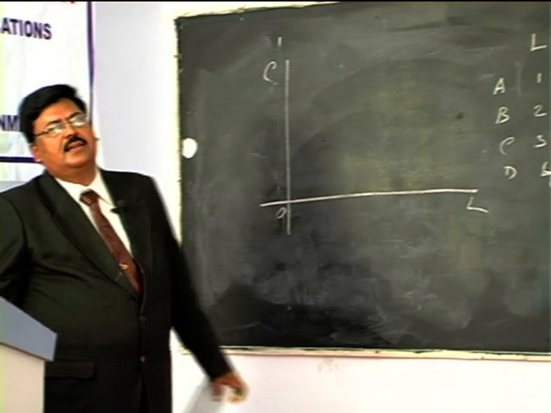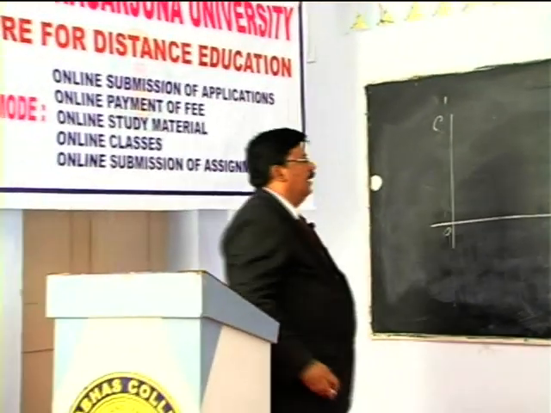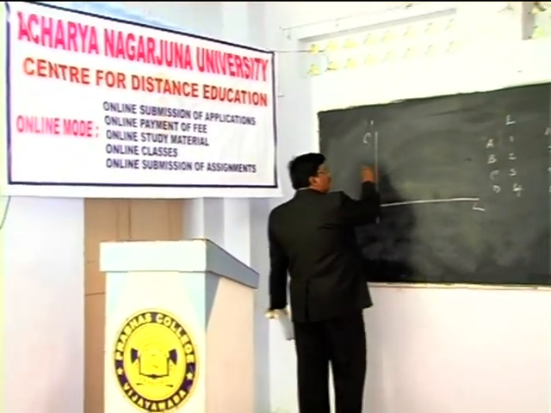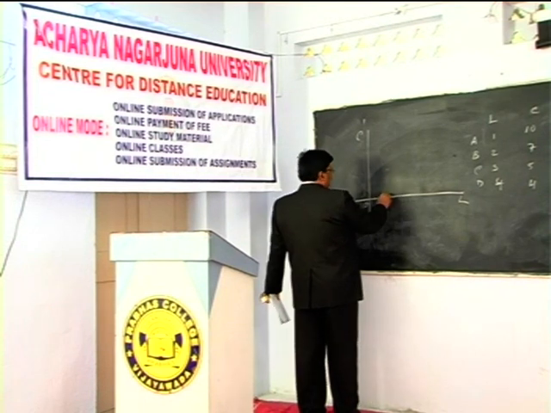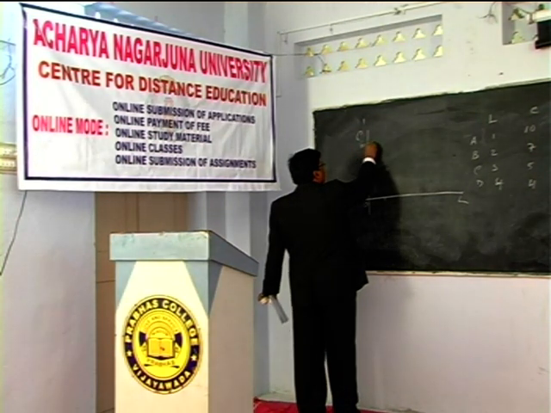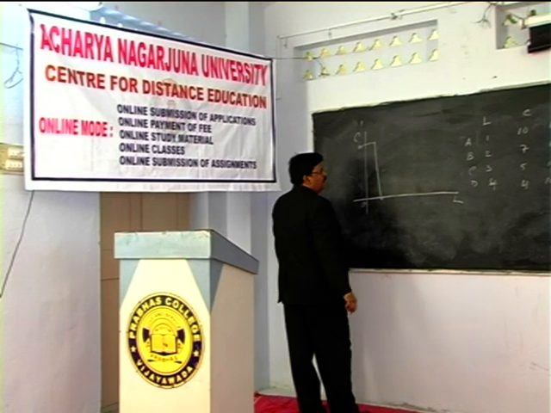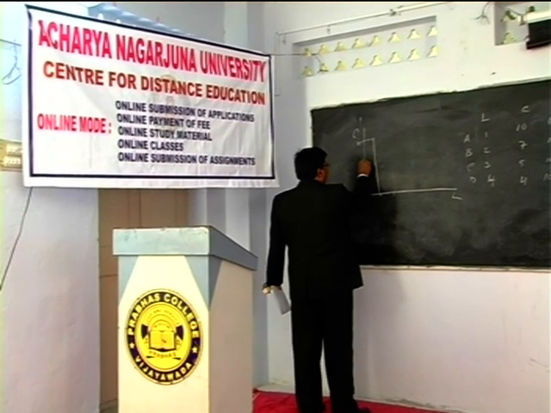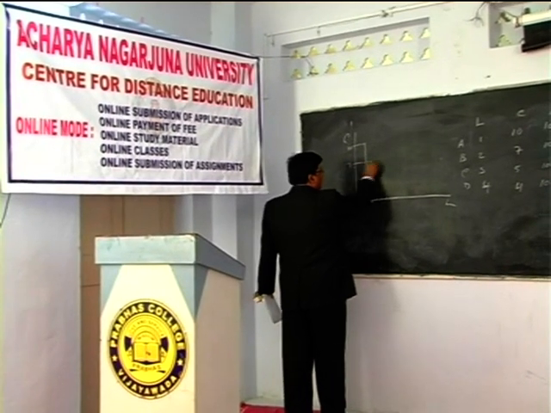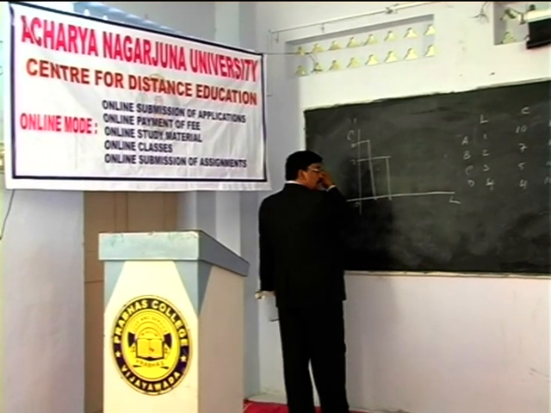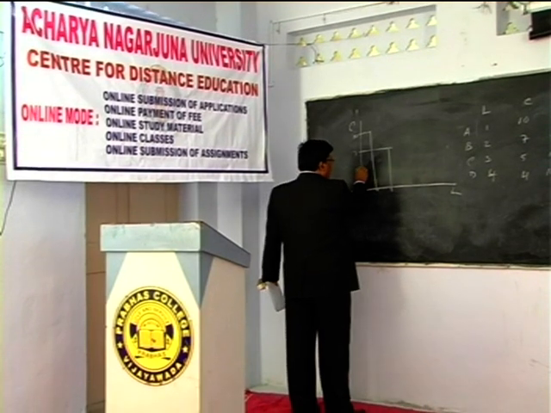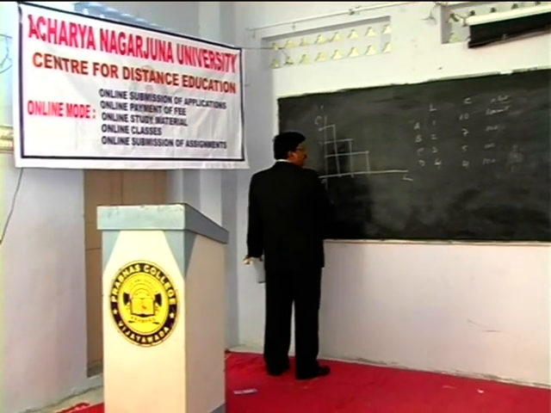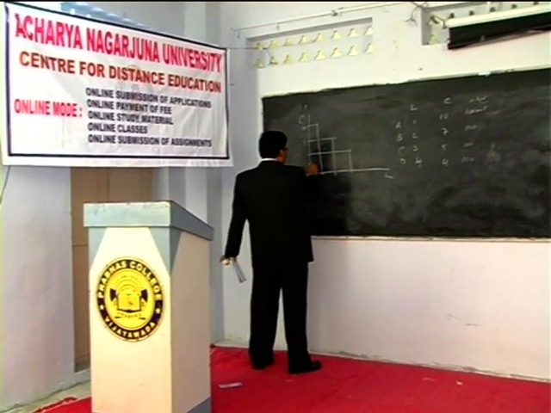Labor on the x-axis and capital on the y-axis. Let us plot 1 unit of labor and 10 units of capital, and 2 labor units and 7, and 3, 5, and 4, 4.